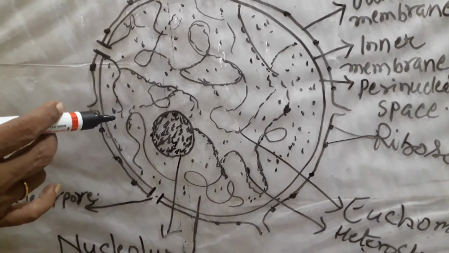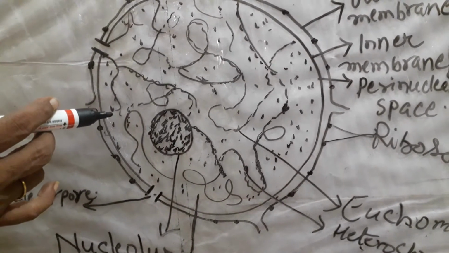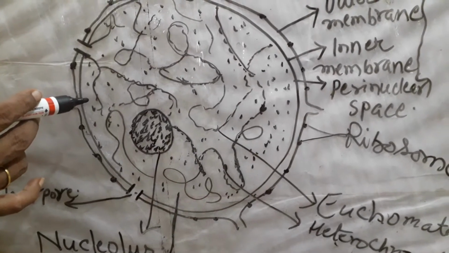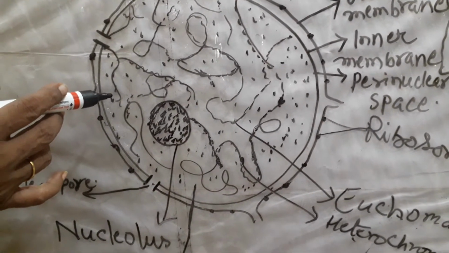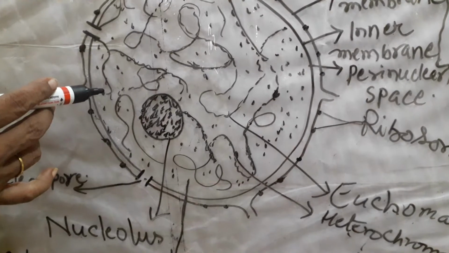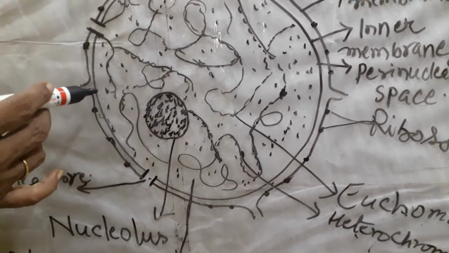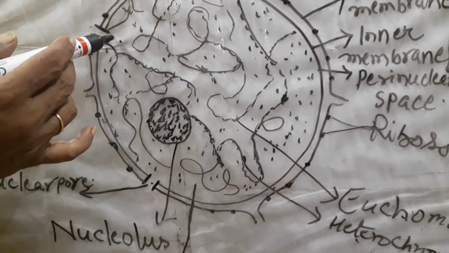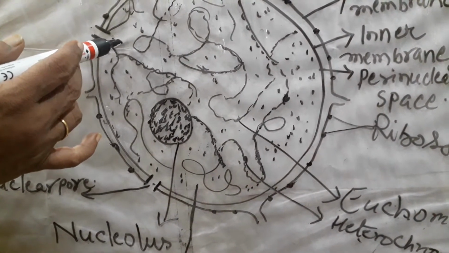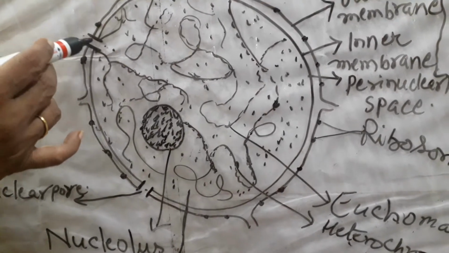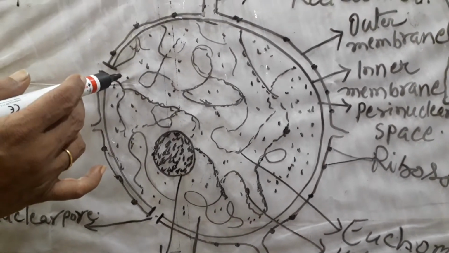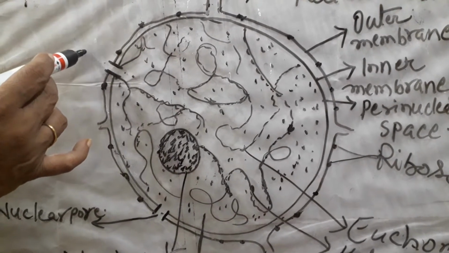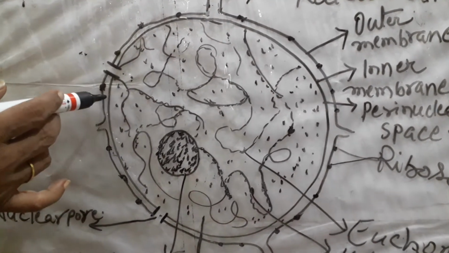These nuclear pores are passages through which movement of RNA and protein molecules takes place in both directions between the nucleus and the cytoplasm. This is the way by which RNA and other proteins exit from the nucleus to the cytoplasm and enter from the cytoplasm to the nucleus.